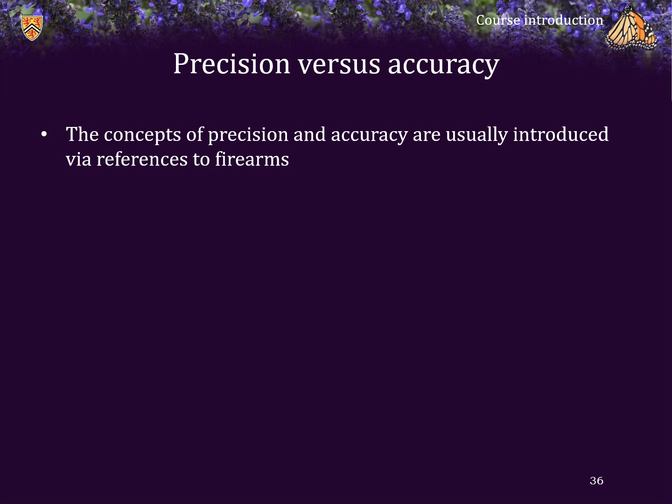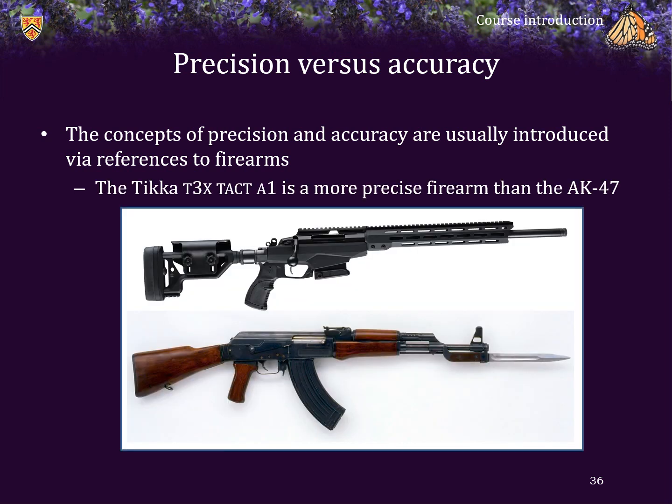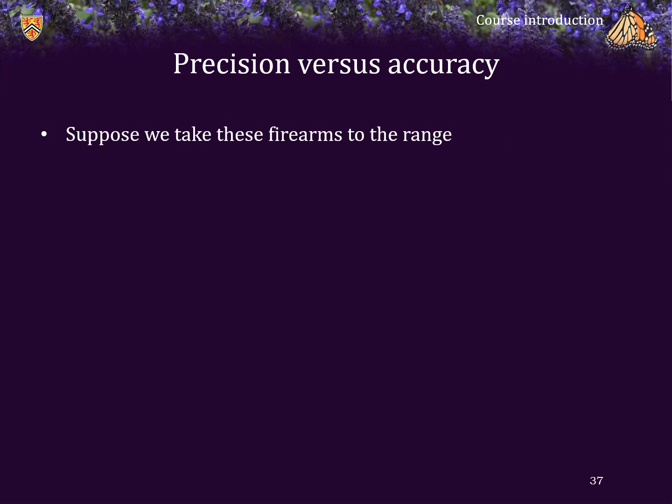We're going to introduce 2 more concepts, precision and accuracy. Now, the concepts of precision and accuracy are usually introduced in all textbooks with respect to target practice. The Tikka T3X TAC-A1 is a much more precise firearm than the AK-47. So suppose we take these 2 firearms to the range.